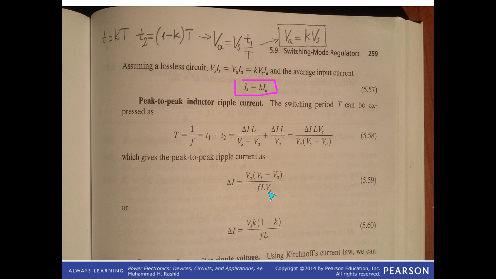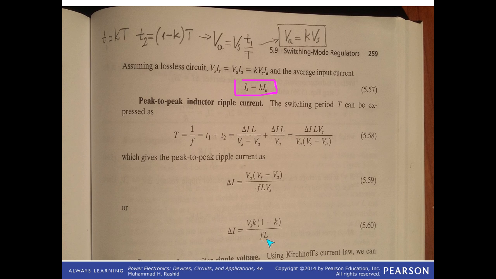Now, what is important here, be careful. There's a question. How could we reduce the current fluctuation? How could we minimize the current fluctuation? It's obvious. You can increase your frequency.